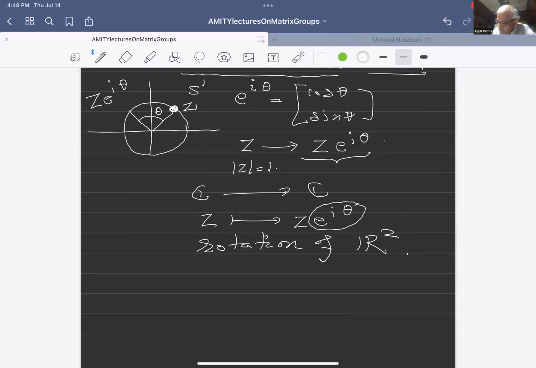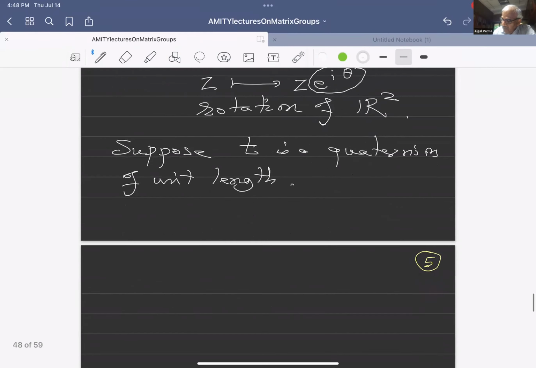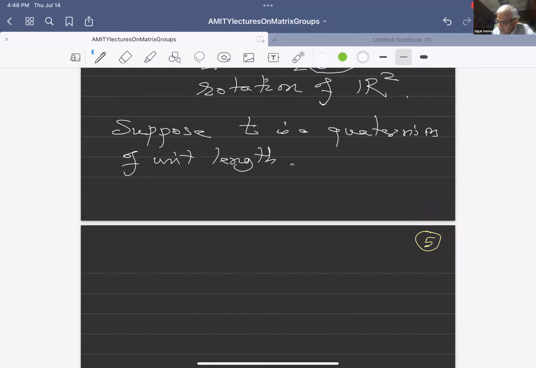So suppose we pick a quaternion of unit length. Suppose T is a quaternion of unit length. We try to mimic the same construction. Now we will define a map phi T from quaternions to quaternions.